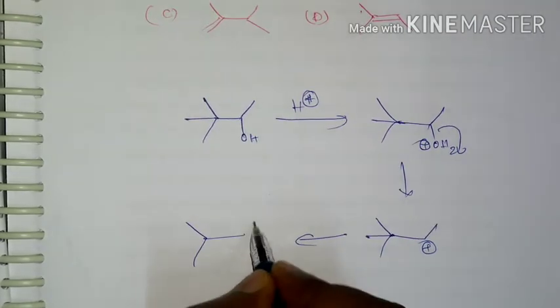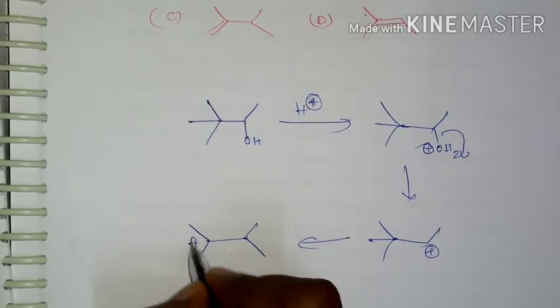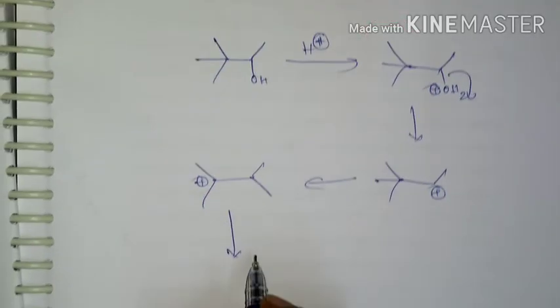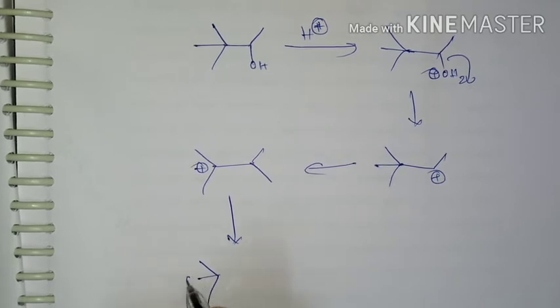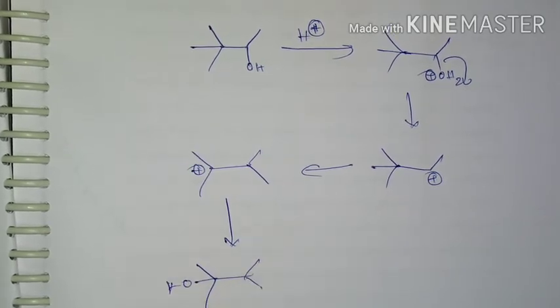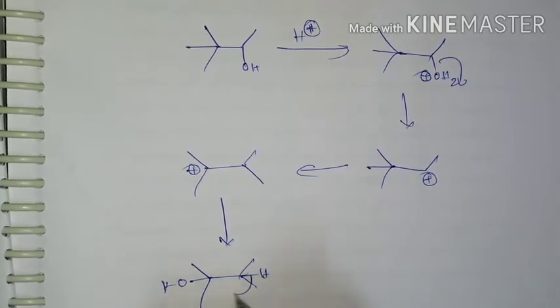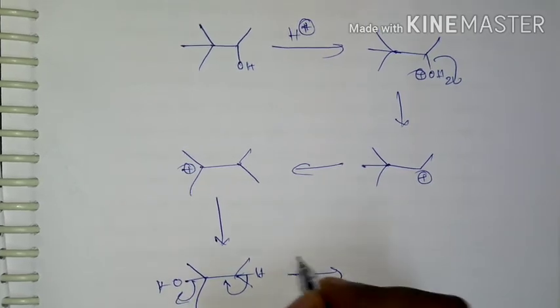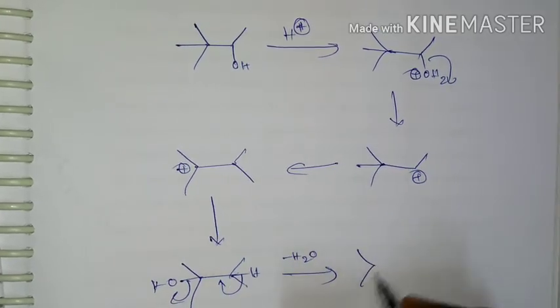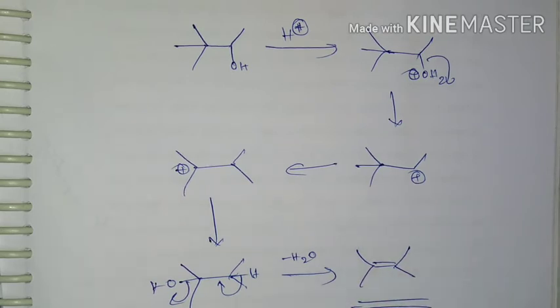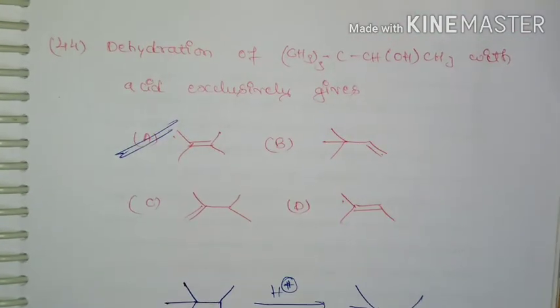A rearranged product formation will occur, okay, and this is going to form, and finally there will be loss of a water molecule, and we are going to get this alkene. Okay, so option A is correct for this dehydration reaction.